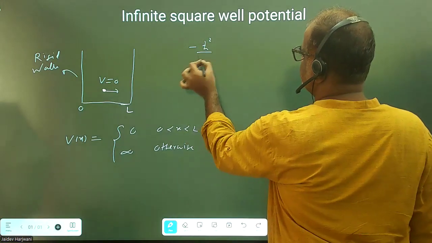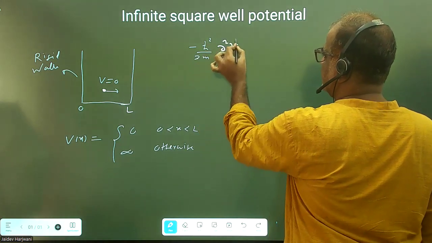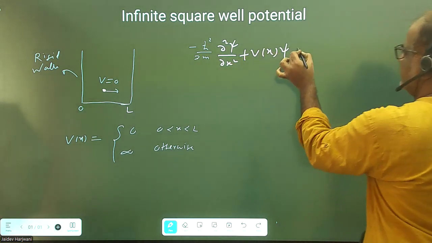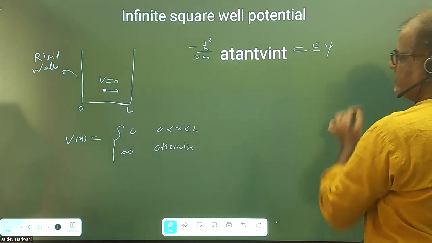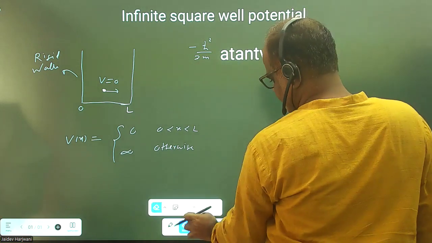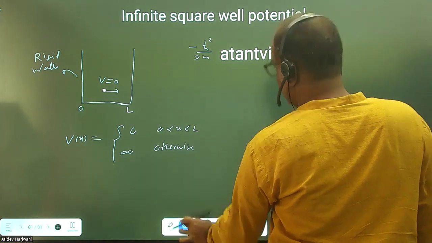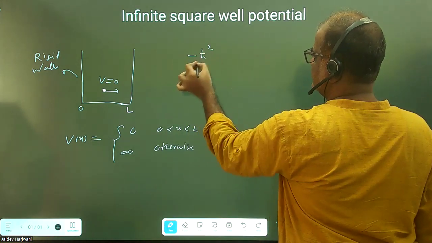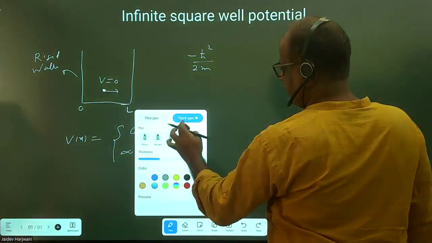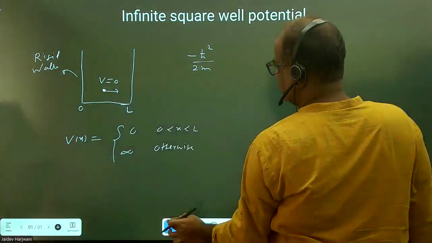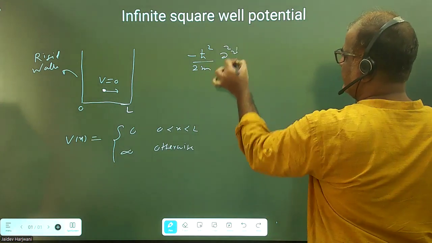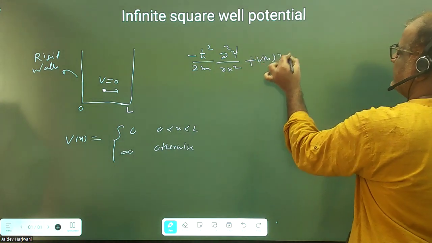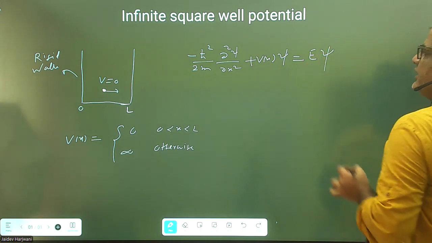This is minus h cut squared over 2m, del 2 psi upon del x squared, plus V(x) psi equal to E psi.